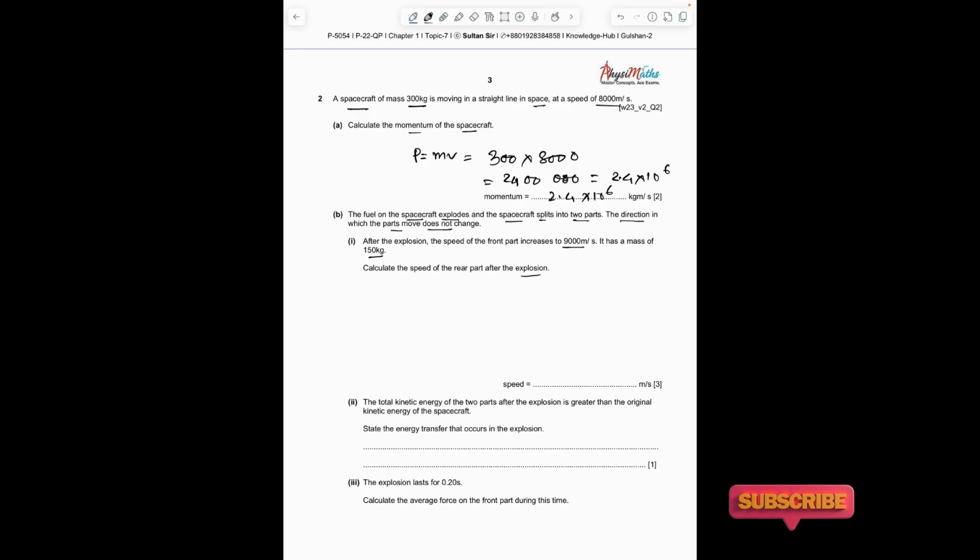In this case, we have to use the conservation law of momentum. That means momentum before explosion and after explosion will be the same. The mass changes, velocity changes for both parts. So we already found it, that is 2,400,000 equal to, first one is mass 150 and speed 9,000.